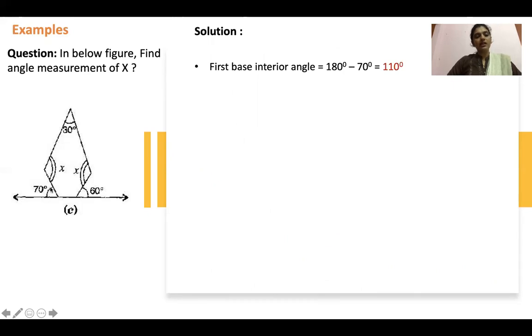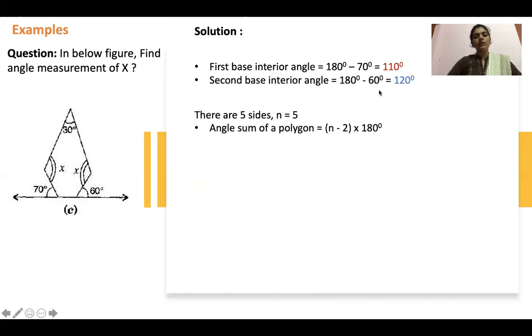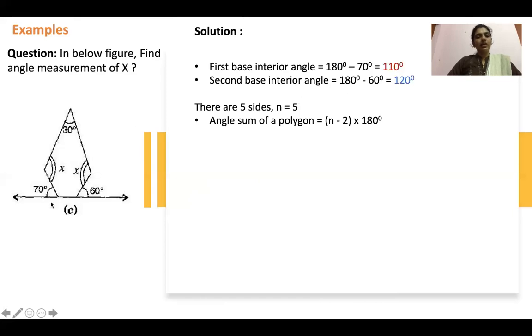So if this angle is 70, the interior angle will be 180 minus 70, that is 110. Similarly, if we look at the second base angle, it makes a linear pair with this one. If this is 60, this angle must be 180 minus 60, that is 120. So here we got these two angles.